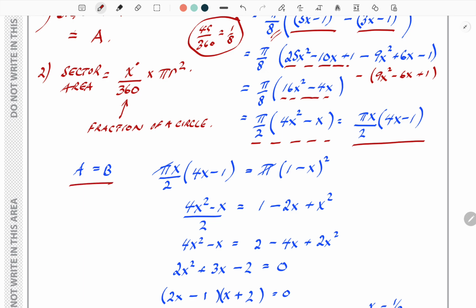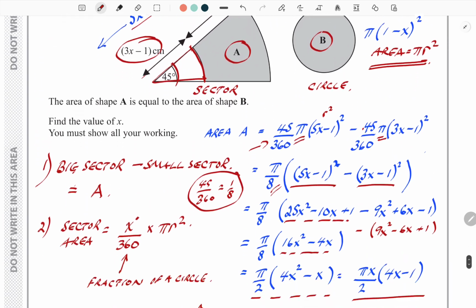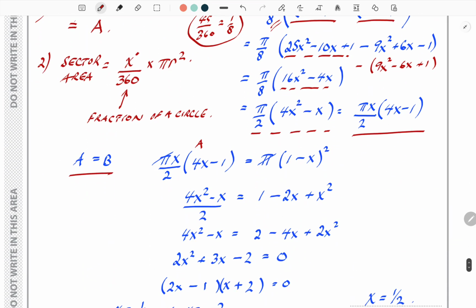So a equals b, and so we know that this is a. B is what I've written at the top of the page here, right? Pi times 1 minus x all squared, and so that's b. All right. So tidying all that up, having cancelled the pi's out, because there's a pi on both sides, get rid of it.